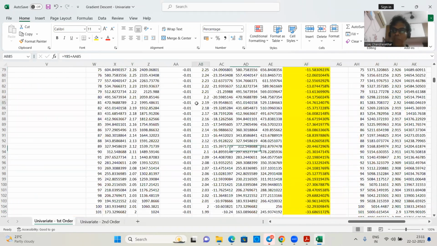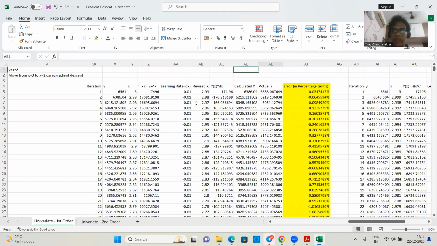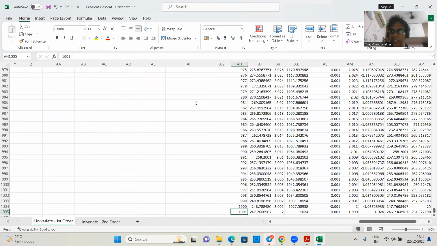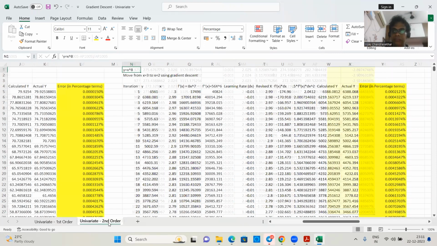I could have opted for the first order, and I could have opted for 1,000 iterations, right? Where do I reach? 3.23 after 1,000 iterations. And basically, let's say 1,000 calculations.